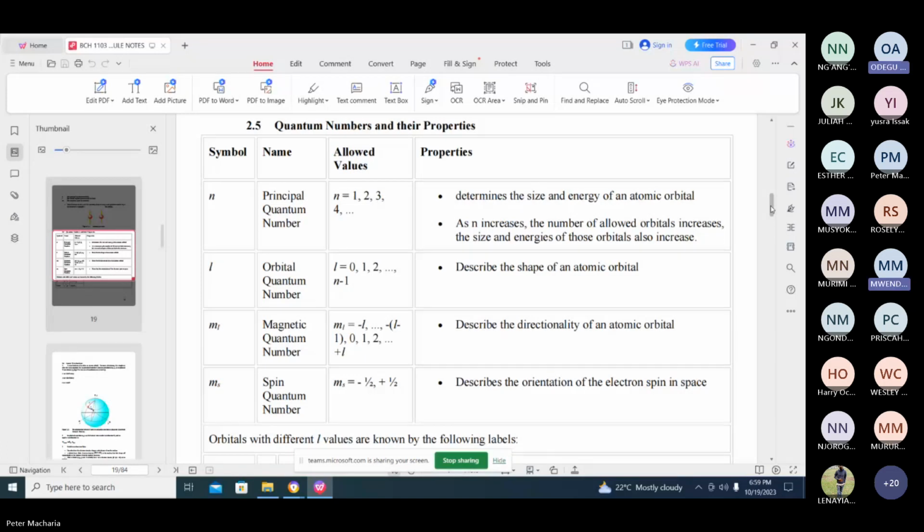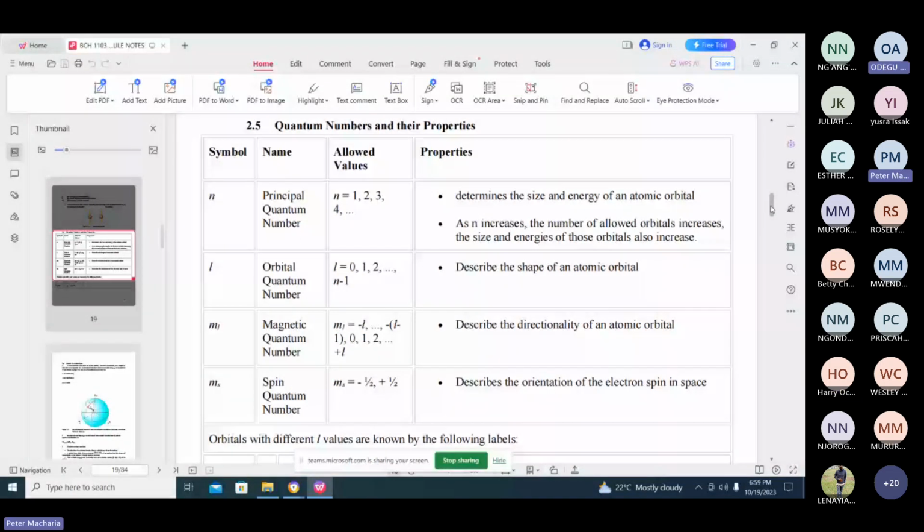Yes. Now, the sublevels are represented by the symbol L, and L is what in quantum terms is referred to as the orbital quantum number. Within sublevels, we have orbitals, and we say that orbitals are the spaces where electrons reside, right? Yes.